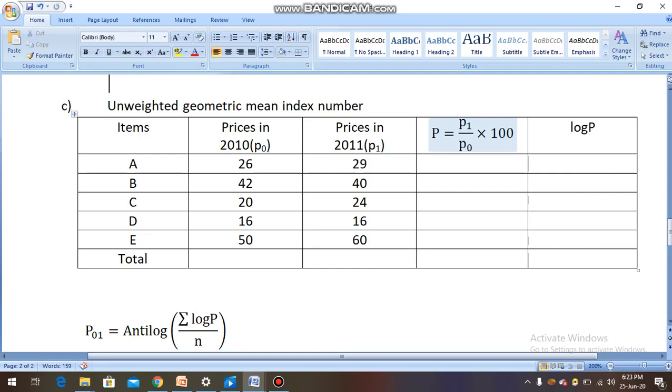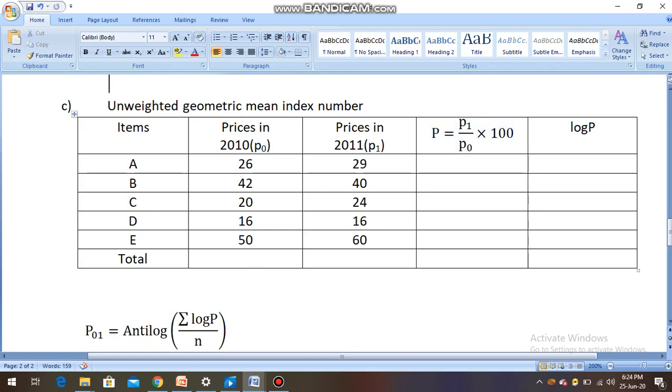But there we just took a summation of them and divided by number of items because it was arithmetic mean. But since it is geometric mean, we need to find the log and also anti-log of it. So we need summation log P to substitute in the formula.